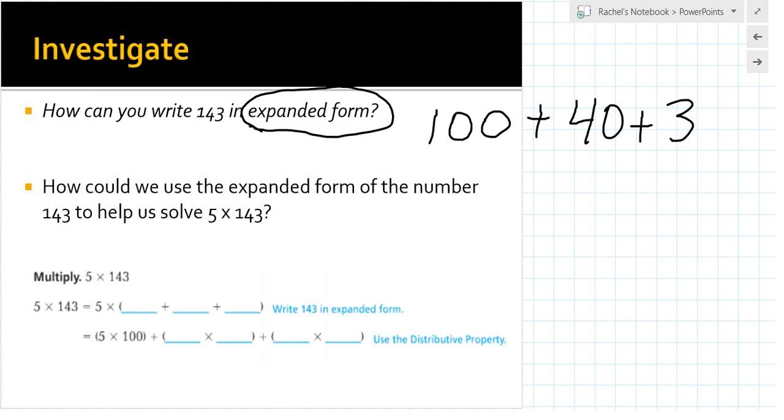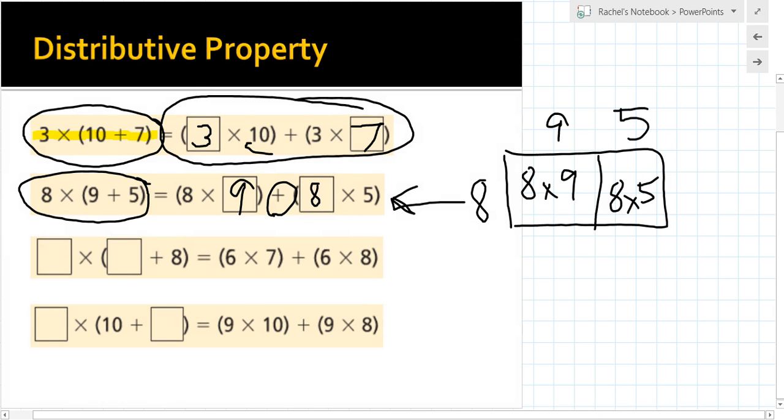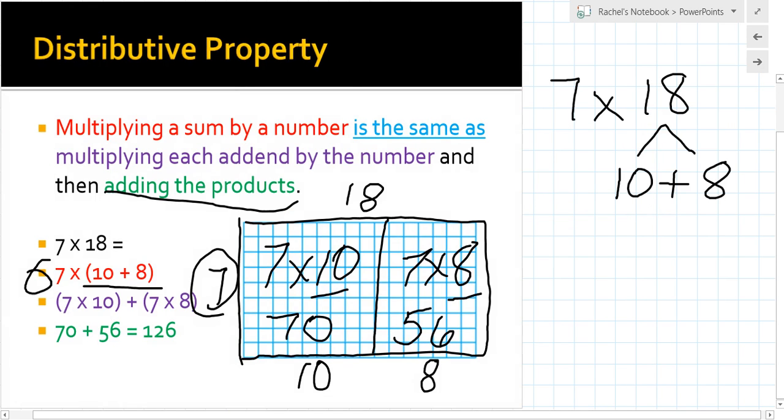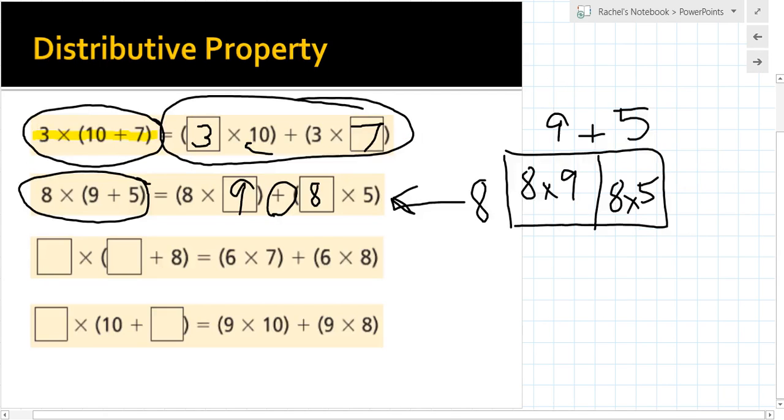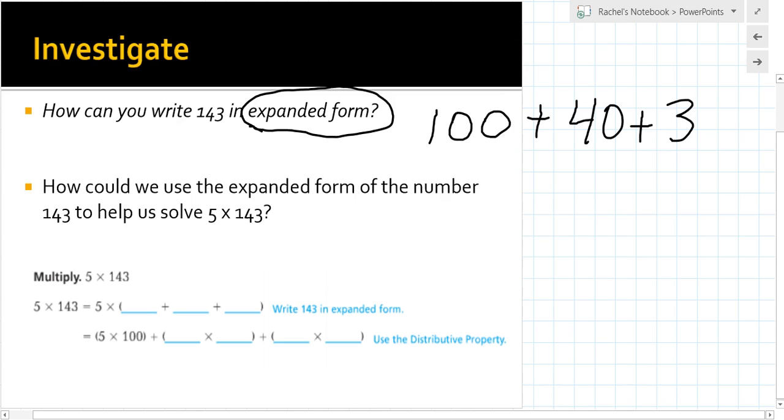Just like yesterday, we were breaking apart a factor here so that we could have 9 plus 5. We weren't using the expanded form here, but in another example, this is our expanded form, 1 hundred, 4 tens, and 3 ones. So it's really the same strategy we were using yesterday, but we're taking it to the hundreds and the thousands.